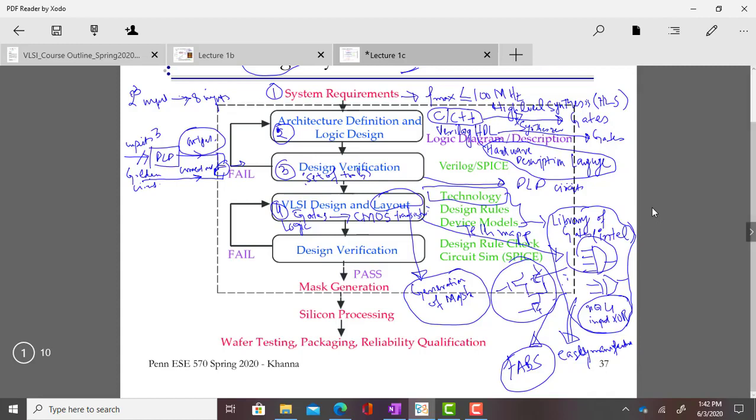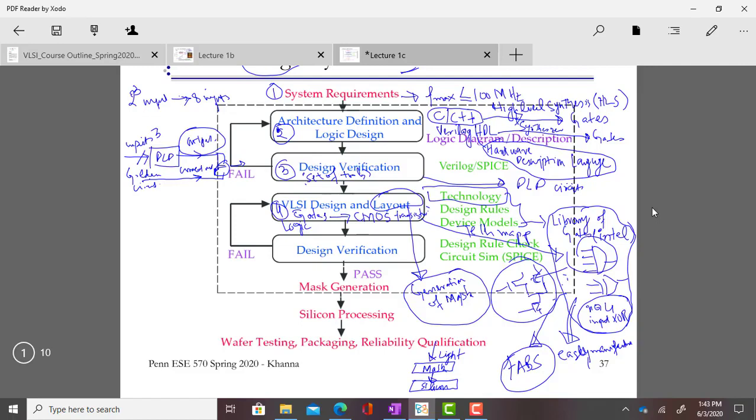So it's something like this. You have silicon here, here you have the mask which is generated from layout, and here you have light. So you throw the light, the pattern of the mask is transferred to silicon, and then we process the silicon, and finally the chip is manufactured.